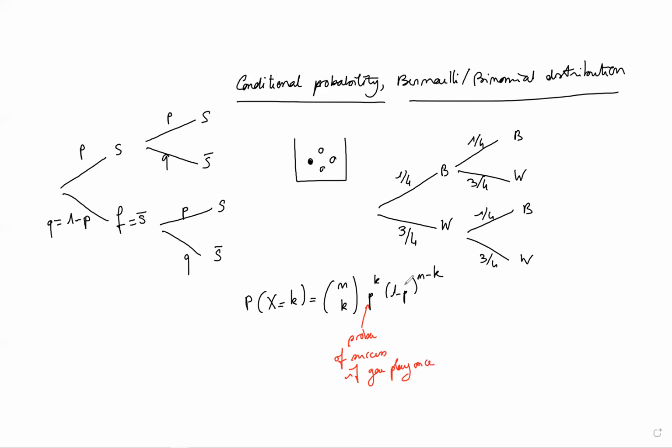This is Q, the probability of failure. It's 1 minus P. Now, N is the number of times you play, or you repeat the experiment.